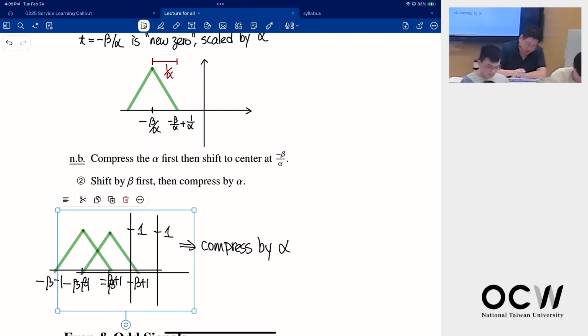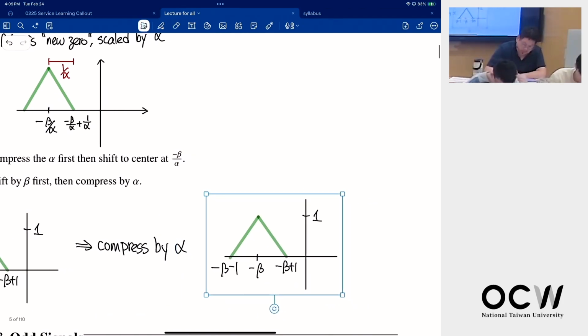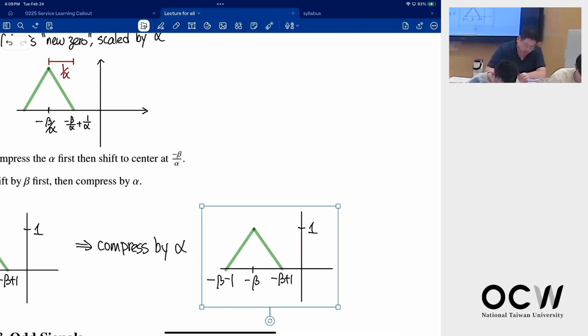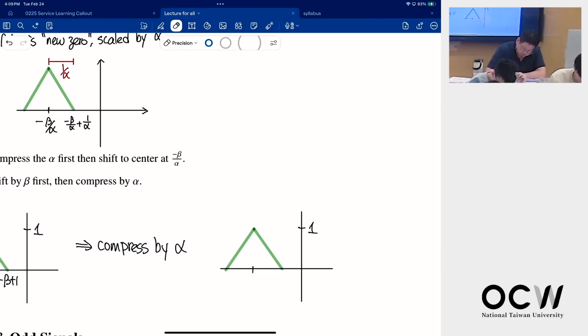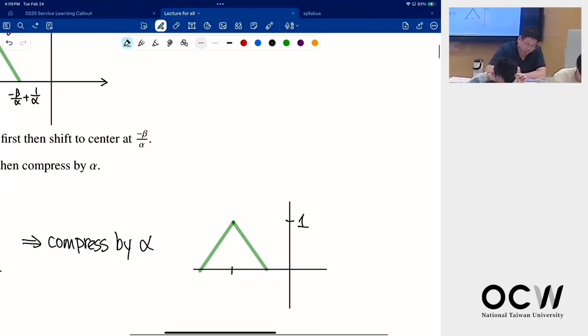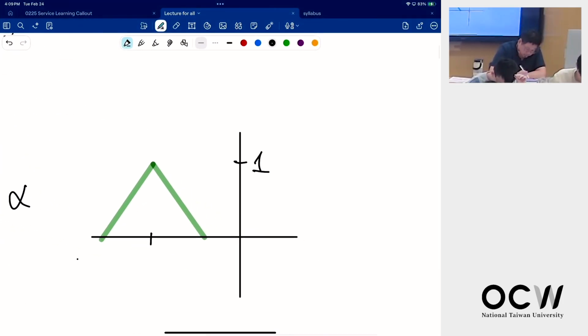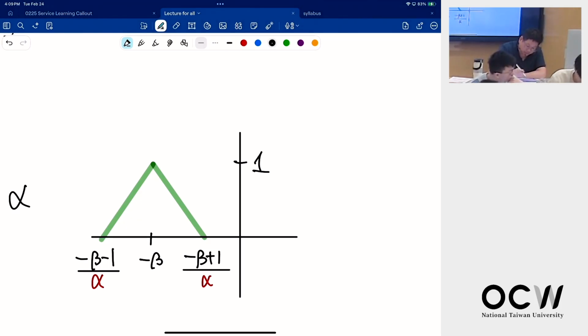So here we have minus beta minus 1 divided by alpha, minus beta plus 1 divided by alpha.